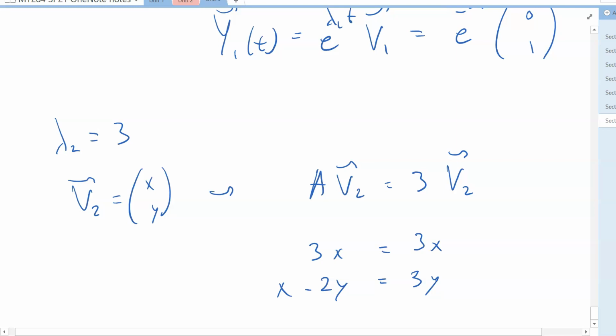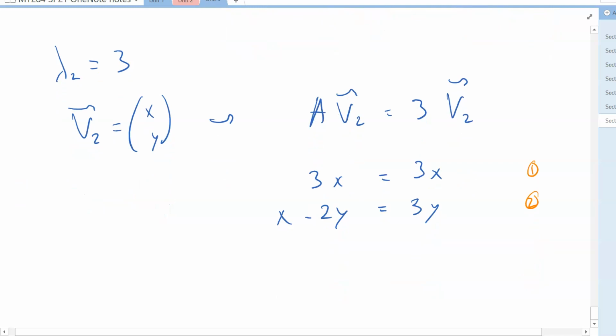All right, so we get a similar looking system, a little different, and once again, these types of systems that we're going to come across are always going to yield an infinite number of solutions. How we end up getting that conclusion can look different on a case-by-case basis. What does the first equation tell us? 3x equals 3x. This is telling us, well, nothing really. This is saying x can be anything. So that's no restriction.